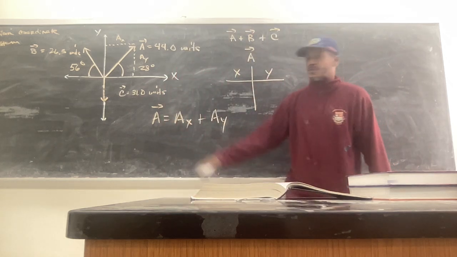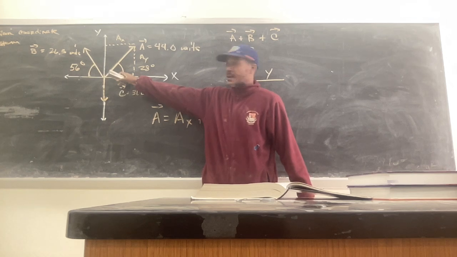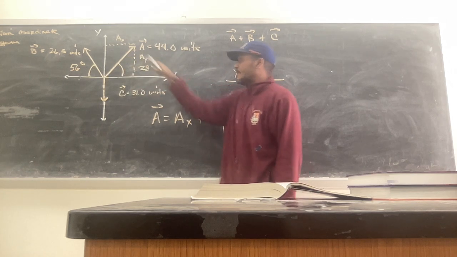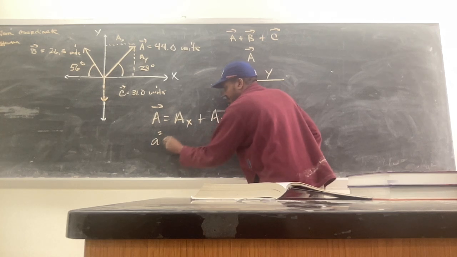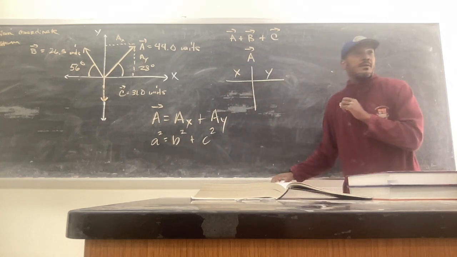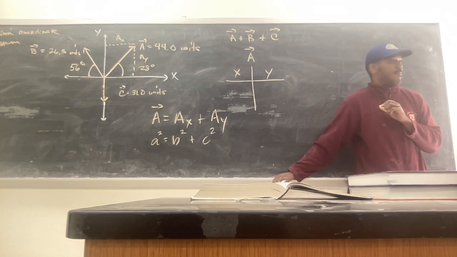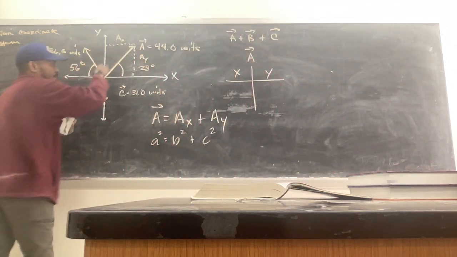And that's just based off of what? Pythagorean theorem. Right? What does it say? A squared equals B squared plus C squared, where this would be my hypotenuse.